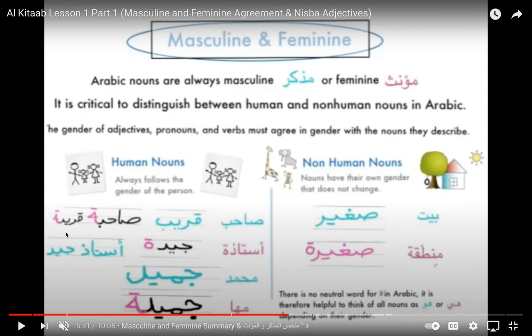Okay? Let's have another example. We have أستاذ جيد. Ustad meaning a teacher or a professor. Jayid meaning good. Here, Ustad is a masculine noun.